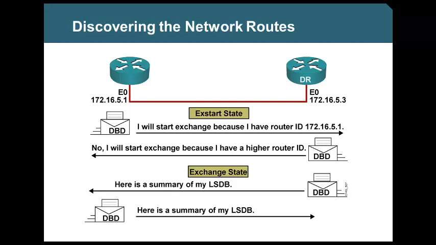In the start state, there is an election. Between these two routers, one router will say, I'm a master. Another will say, I'm a slave. Now, this master-slave is only for serial WAN link neighbors.